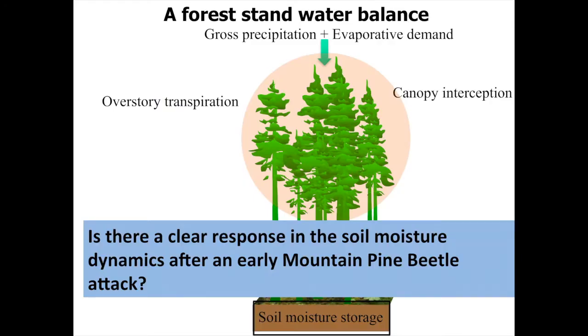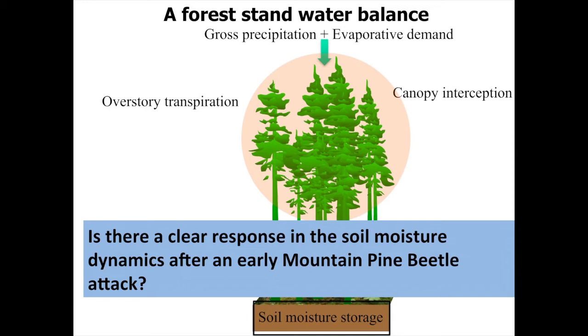Once we understand these above ground components, which refer to evaporative demand and interception, one of my fears was that I needed to be able to explain what was happening in the soil, the below ground component.